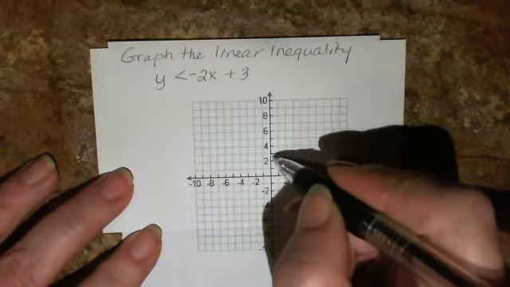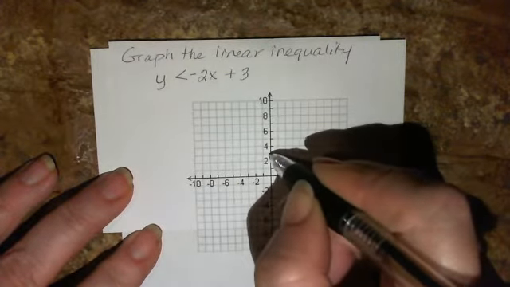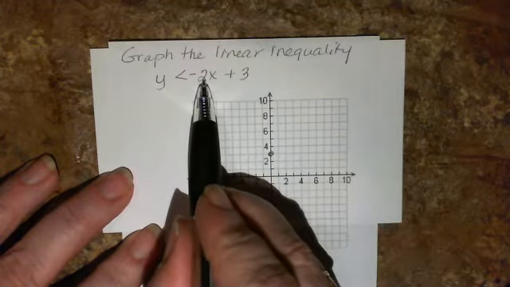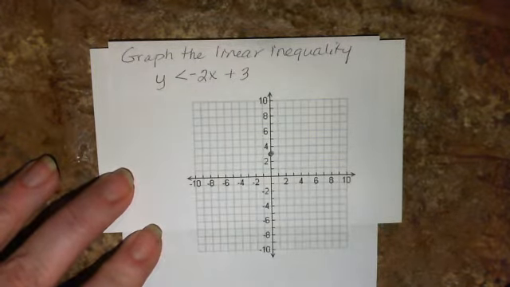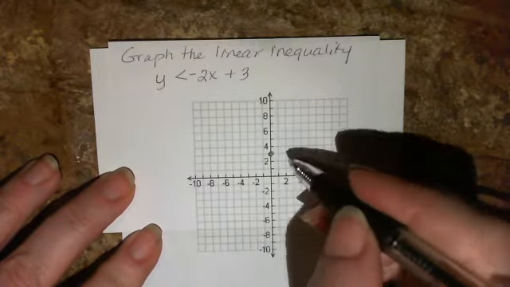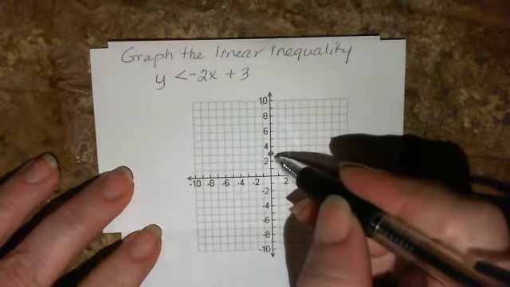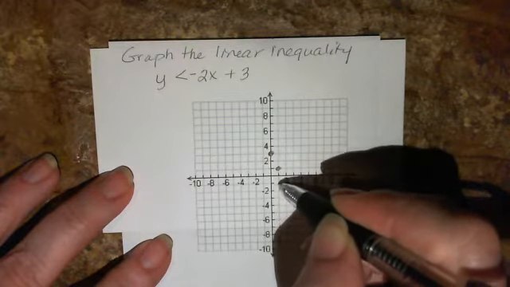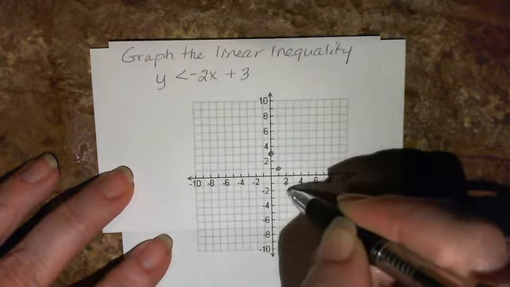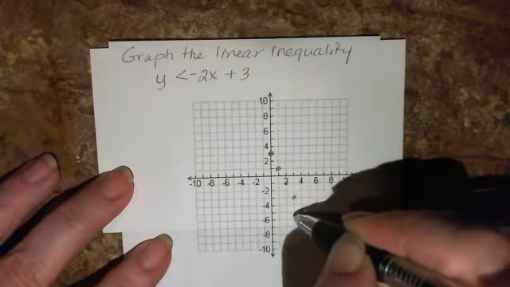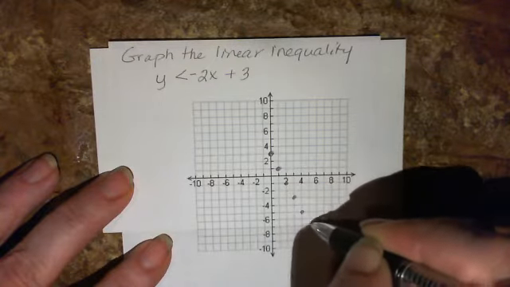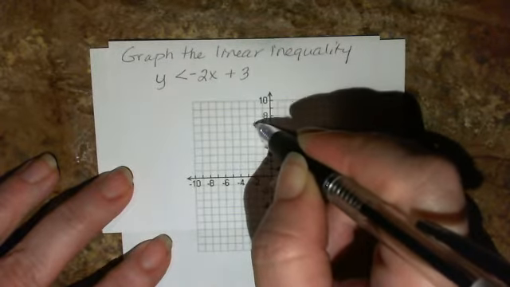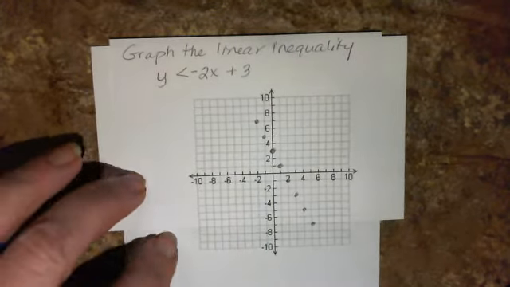Our y-intercept is (0, 3), and our slope is -2, which in fraction form is -2 over 1. Negative slope means the line moves down, so down 2 over 1, down 2 over 1, and as many of those as you like. Go in reverse if you want to.